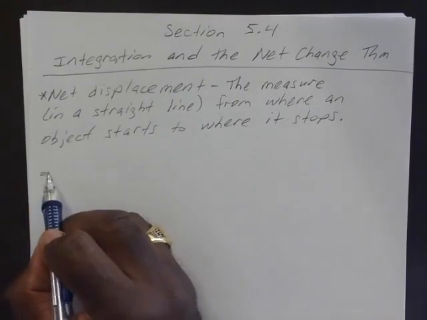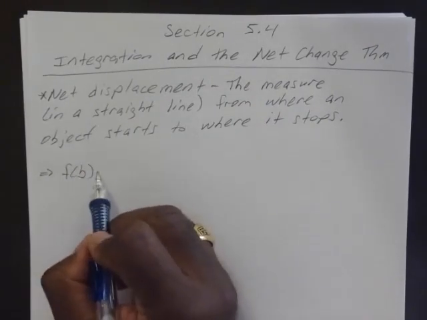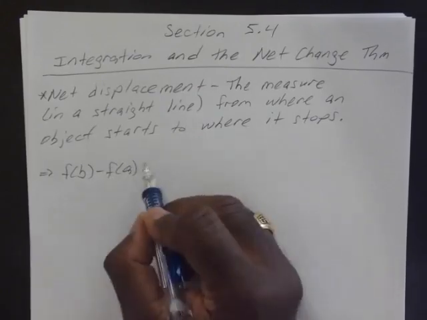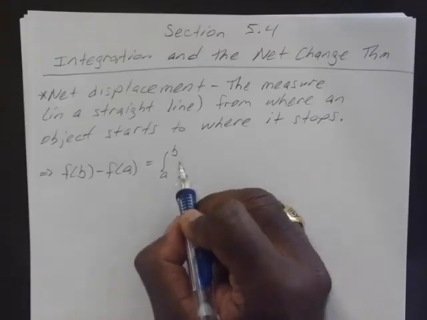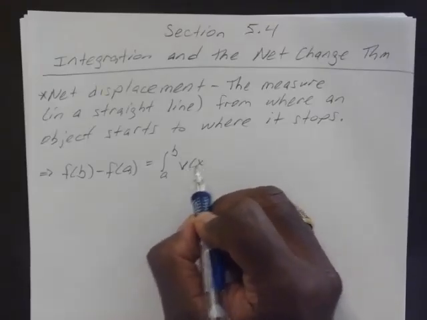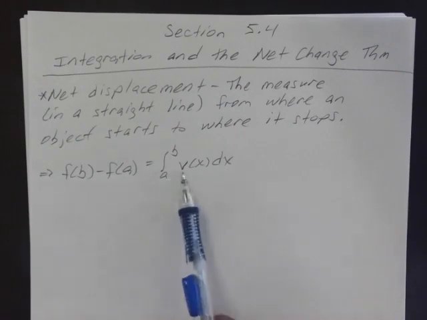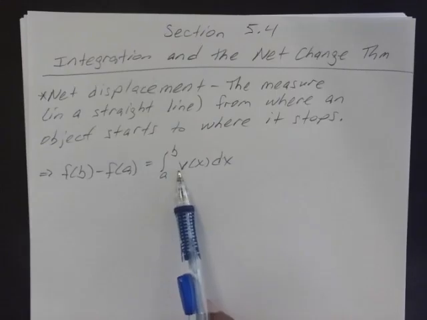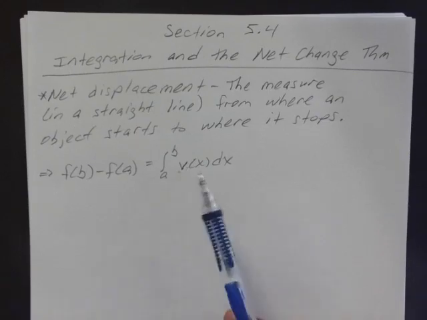Okay, so that gives us the formula. We know that f of b minus f of a is equal to the integral from a to b of your velocity function with respect to x. The velocity function is just the first derivative, so if we take the integral of the first derivative, that leaves us with our original function.